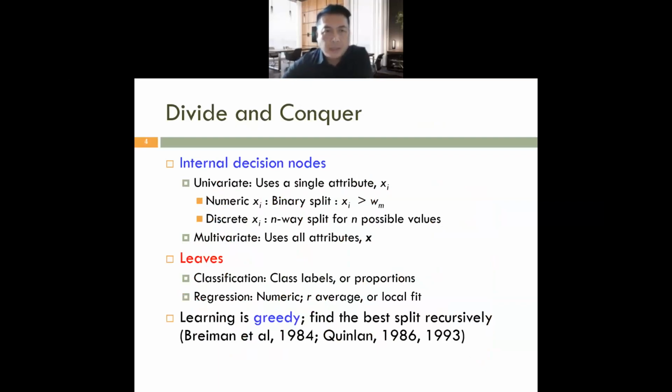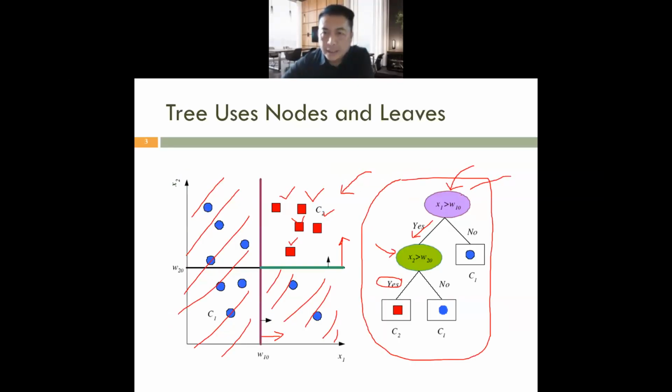So the definition of decision tree can be defined as two. The first one is the internal decision nodes. So univariate means we are using a single variable. So in this example, we are using a single attribute, okay, single field or single variable.